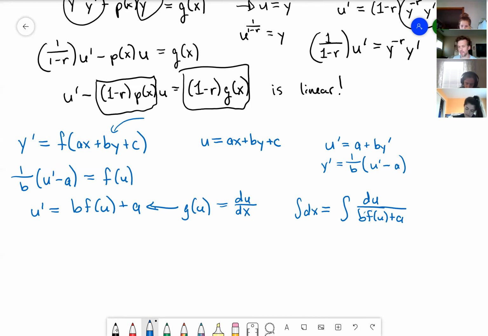And at this point, we have an implicit solution. Now, if we can, of course, the left side is just x plus a constant of integration. This side, we need to know if we can find an antiderivative of this or not. If we can't, then we can just say that it's an implicit solution. There's a solution implied by this equation, but we don't know exactly what it is.